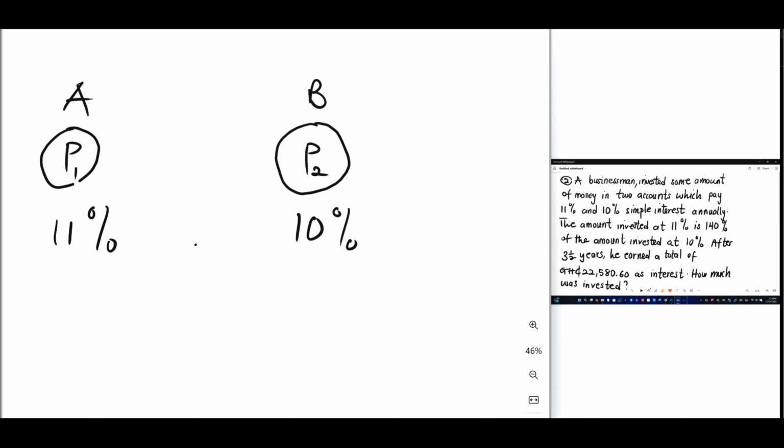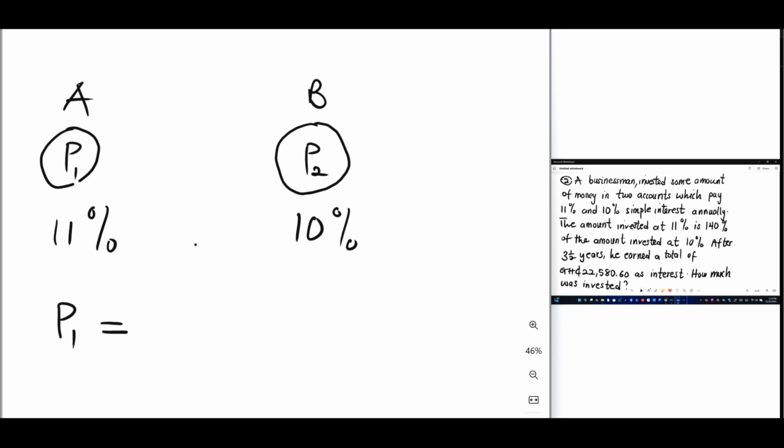The amount invested at 11%. I'm using P1 to represent the amount invested at 11%. So I'll bring P1 here. The amount invested at 11% is, and that becomes the equal to sign. The word "is" over there is the same as equal to when it comes to mathematics.